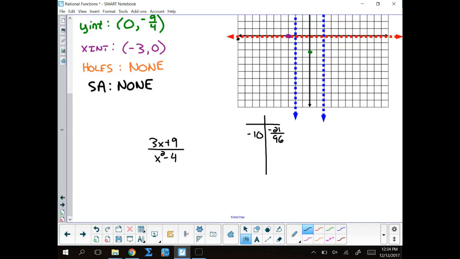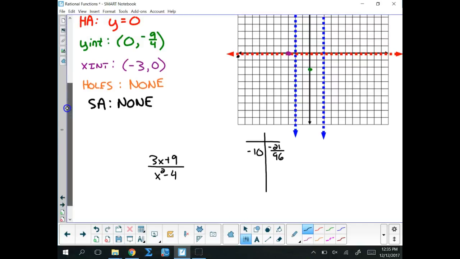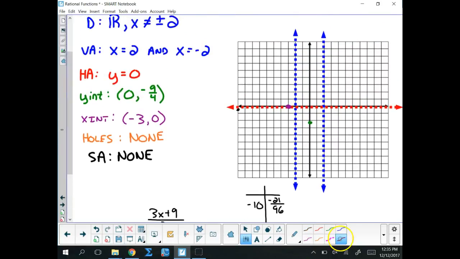Now, logic tells me that if I end up on that bottom side of my horizontal asymptote and I have an x-intercept in that zone, I should end up going like this.